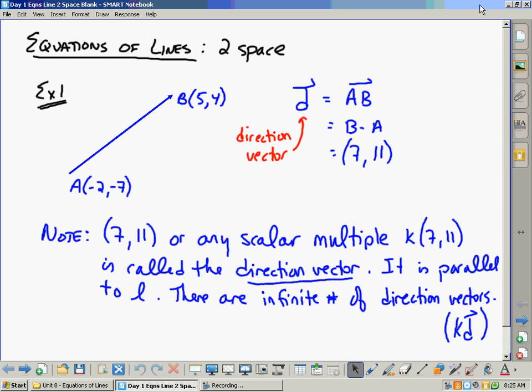The most important part of an equation of a line is something called the direction vector. The direction vector is a vector that describes essentially the slope of the line. Remember back in grade 9 we had y equals mx plus b, and the two important things we needed for lines were the m, the slope, and b, the y-intercept.